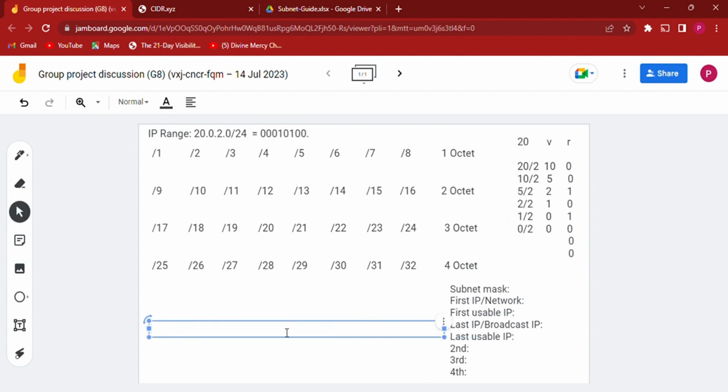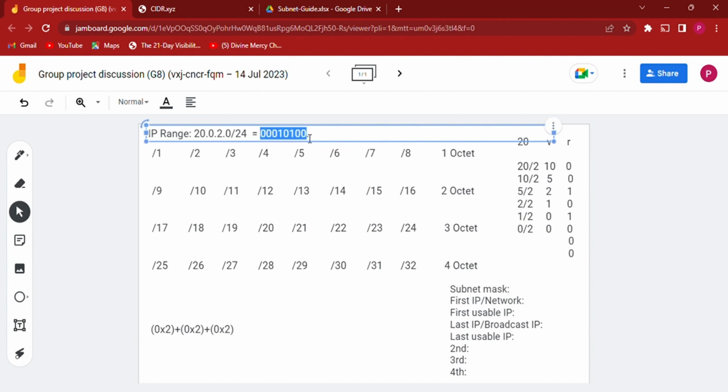So converting to base 10, we pick the figures and multiply by 2 raised to the power of its position. You will understand shortly. So we have 0 times 2 plus 0 times 2 plus 0 times 2. We are doing it from here, so mind you, this is what we are converting back to base 10.